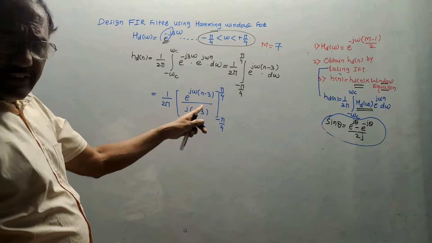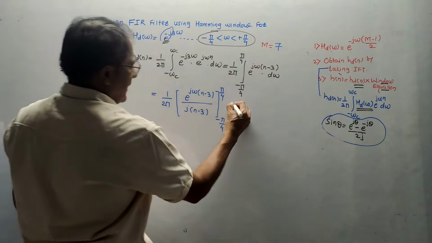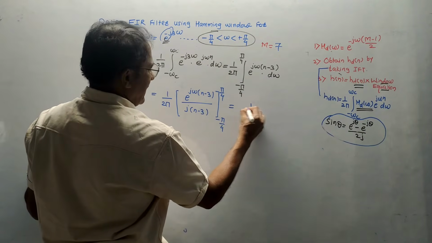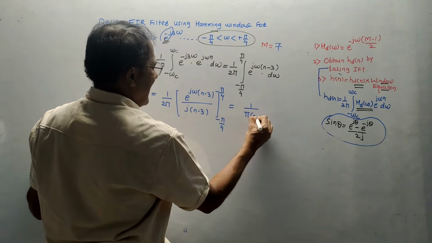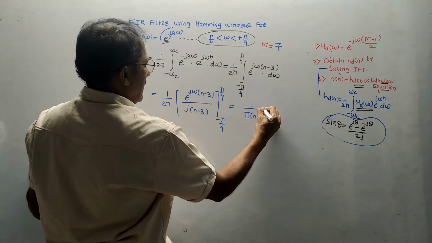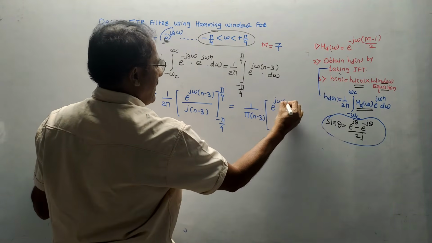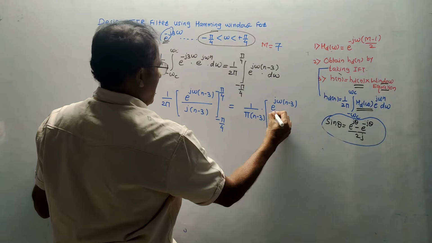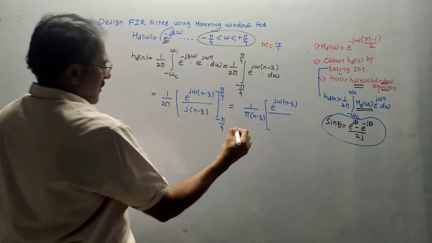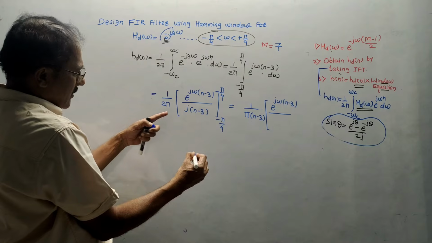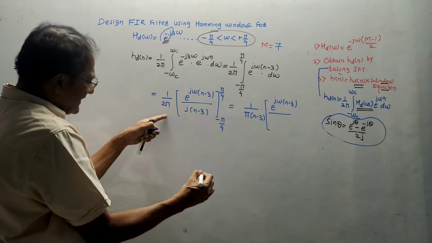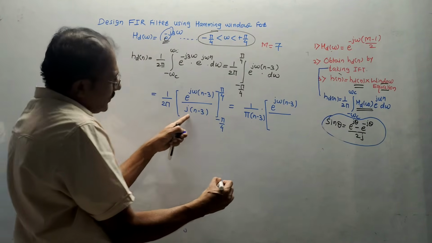To convert it in terms of sine, make the rearrangement like the last sum. So I will write it like this: 1 by pi (n minus 3) in the bracket e raised to j omega (n minus 3) upon, what I am supposed to do, this (n minus 3) is taken out, transfer this 2 inside this bracket.